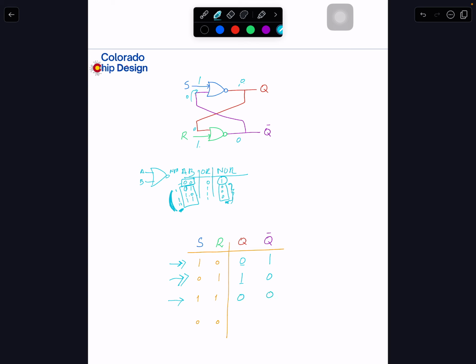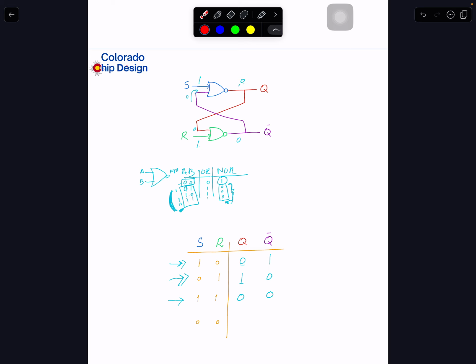You understand that one? Hope I was not too fast. Let's do it one more time, as I feel like I didn't explain that well. So 1, 1: you have 1 here, 1 here. As soon as this is 1, because of this nature, when one of the inputs is 1, output immediately becomes 0. So this is 0, and because this is 0, now the two are not opposite to each other.